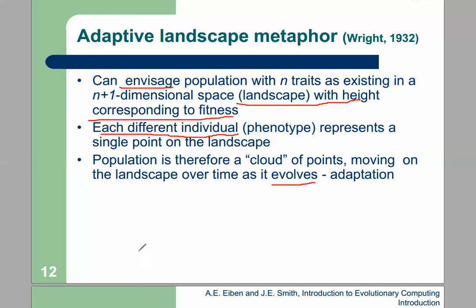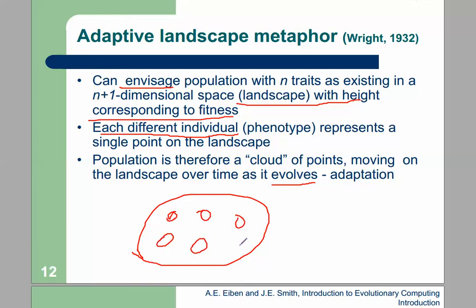A group of individuals is named a population in EC. Population is a group of individuals, a group of solutions. But at the last generation, we select the best solution, the one with the highest fitness, as the best solution of the problem.